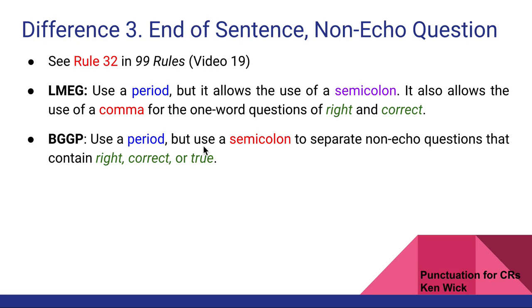Now the BGGP says use a period, so this is the same, but use a semicolon to separate non-echo questions that contain right, correct, or true. So here you have right and correct. With LMEG, it would be separated with a comma. With the BGGP, it would be separated with a semicolon.